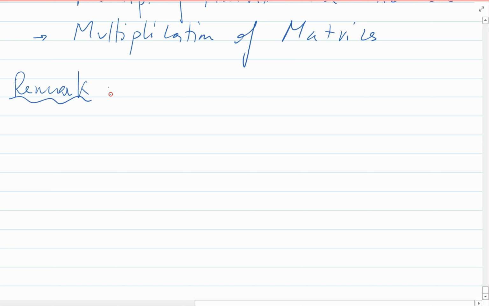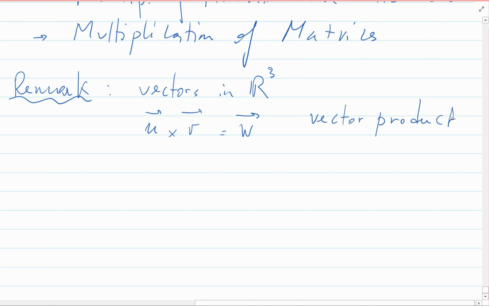If you look at vectors in geometry, in R3, in space, and you look at U times V, we have all the properties the same, but when you look at U times V, which is a vector, sometimes it's called the vector product, and sometimes it's called the cross product.